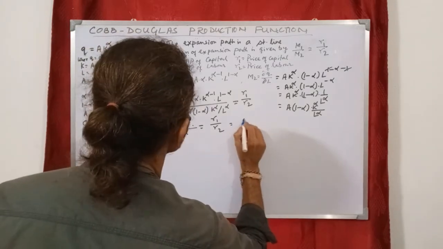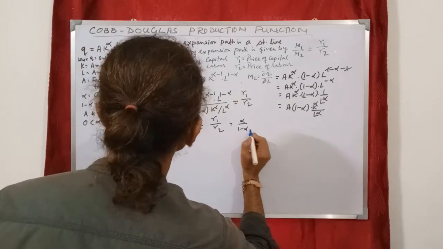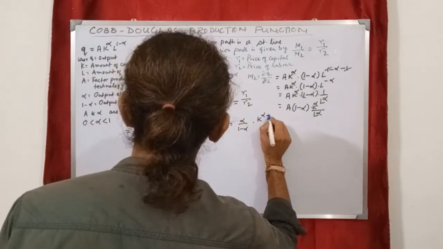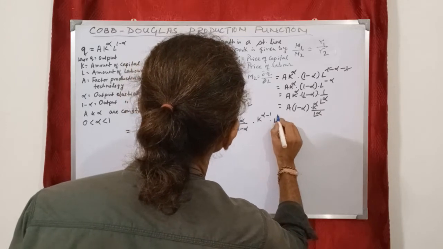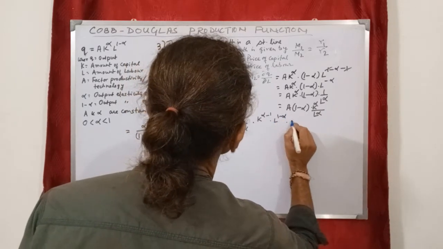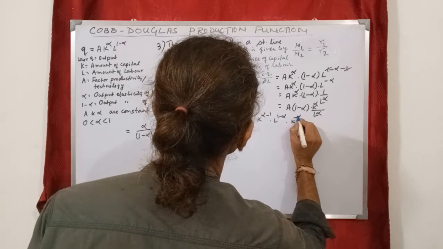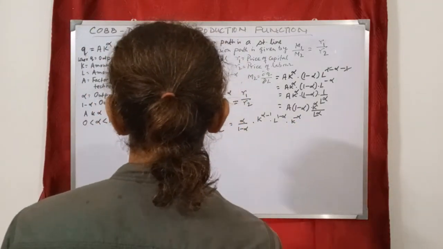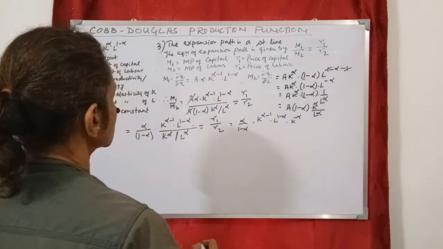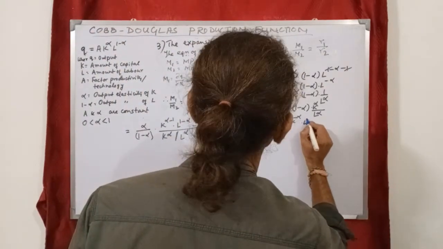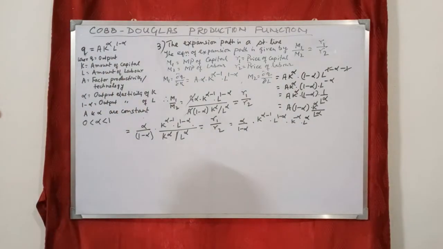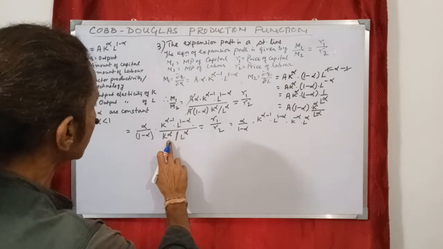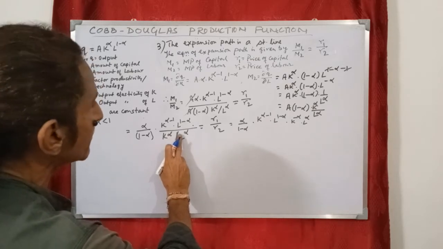So this is equal to alpha by 1 minus alpha into k to the power alpha minus 1 L to the power 1 minus alpha k to the power minus alpha and L to the power alpha, because k to the power alpha divided by L to the power alpha means k to the power alpha into L to the power 1 minus alpha.